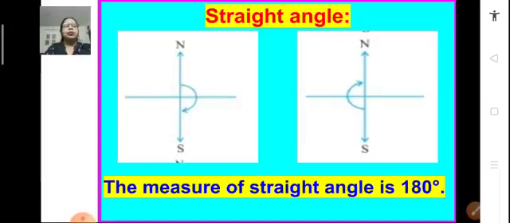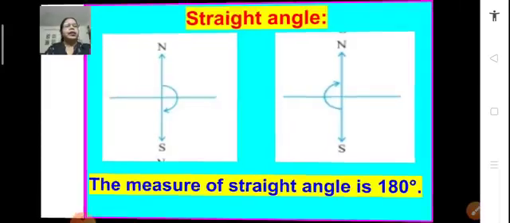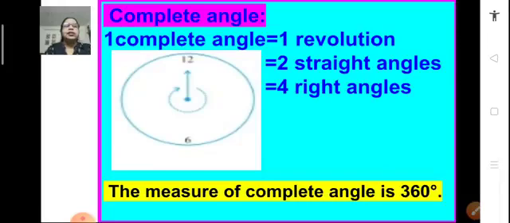So, the 180 degree angle is a straight angle. Now, what is a complete angle? A complete angle is one revolution, or it is equal to two straight angles or four right angles.